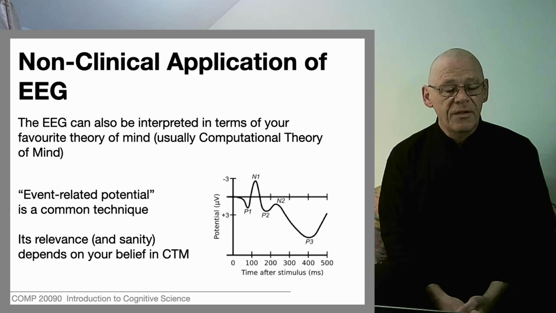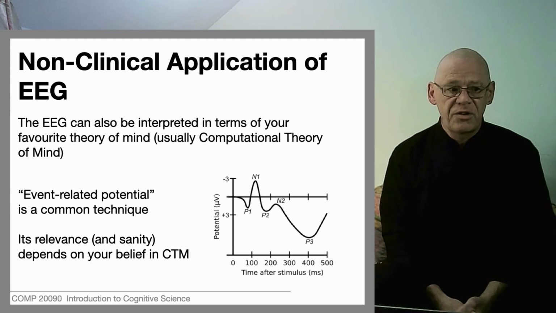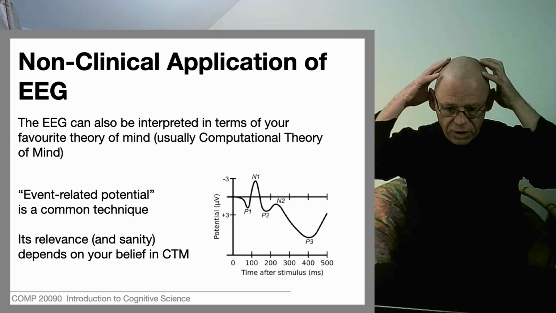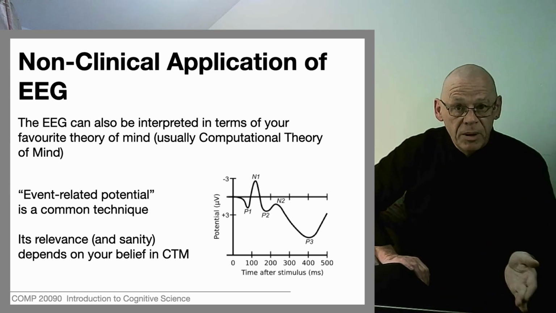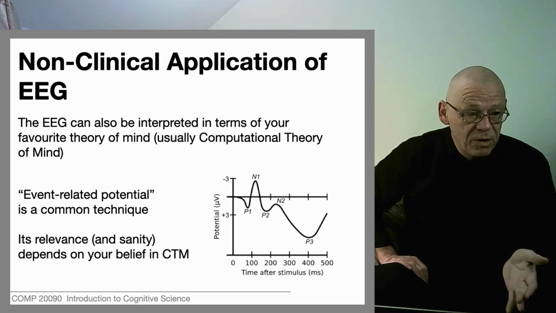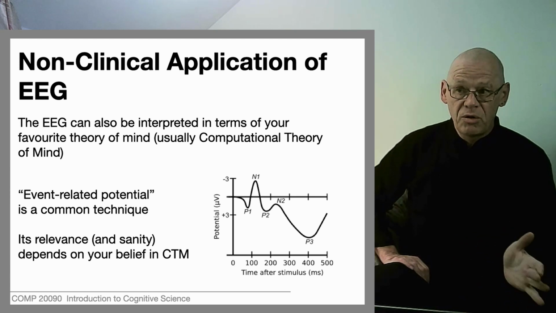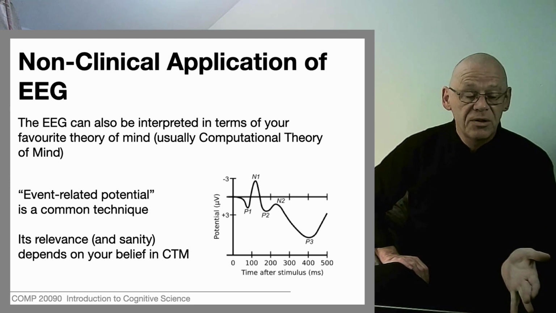Here, we don't have the same kind of security. That is, your interpretation of this fluctuation is wholly dependent on your theory of mind. And inevitably here, we're going to be talking about using the computational theory of mind.